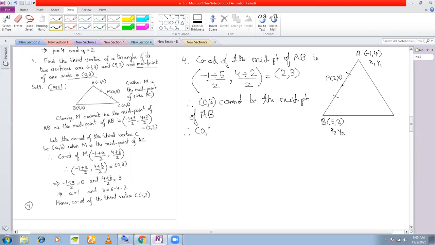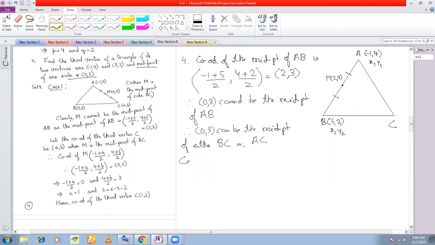Therefore, 0, 3 can be the midpoint of, let us call this vertex C, either BC, or you can have 0, 3 as the midpoint of AC also. Okay, so that means there are two cases, right?